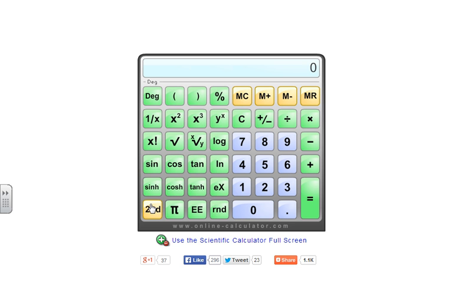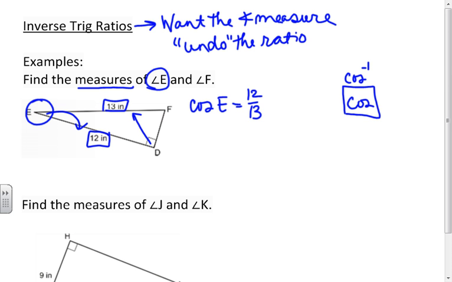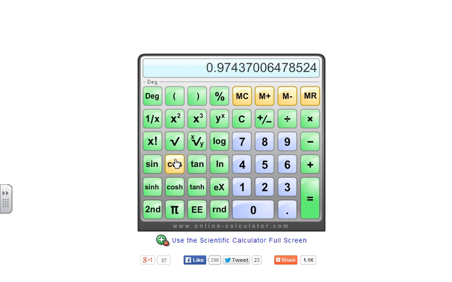So I'm going to hit second cosine, clear. For this calculator, my problem was 12 over 13, 12 divided by 13, and then I'm going to say second cosine.